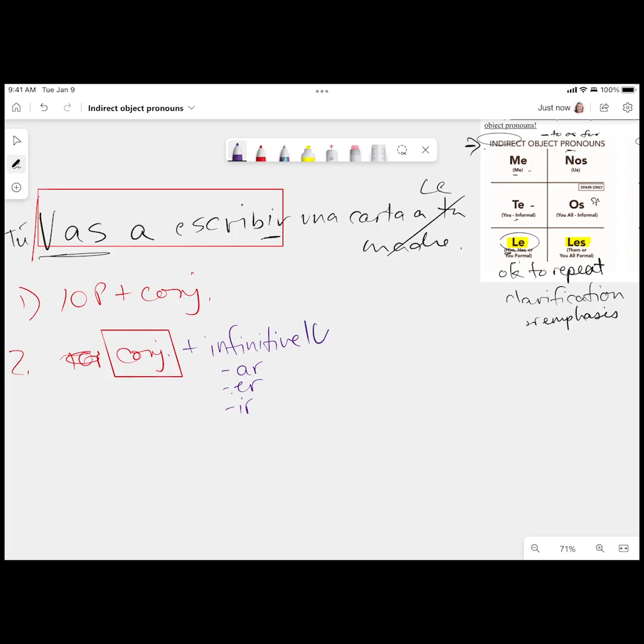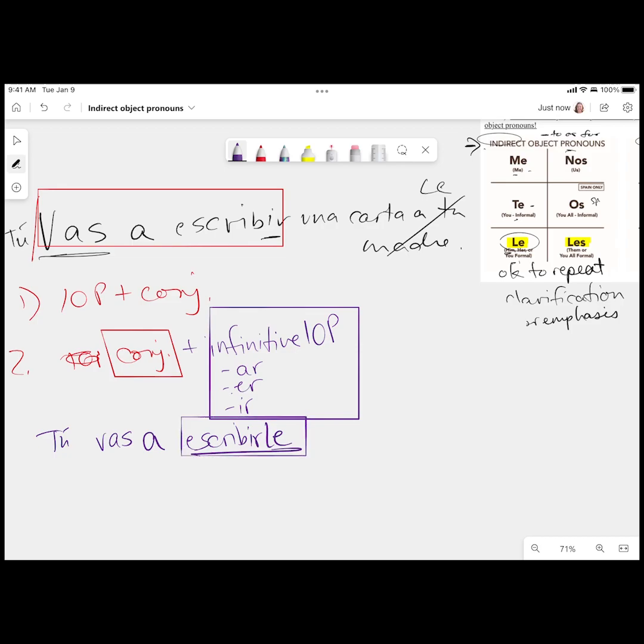Remember, an infinitive verb is the words that end with AR, ER, IR, and these all become one word with the indirect object pronoun tagged onto the end. In this case, we have a verb structure with ir plus a, so let's make sure we still include the a. Tú vas a escribirle, and "le" was still to your mother, right? That we did in the previous example. We've just tagged on the indirect object pronoun onto the infinitive there.